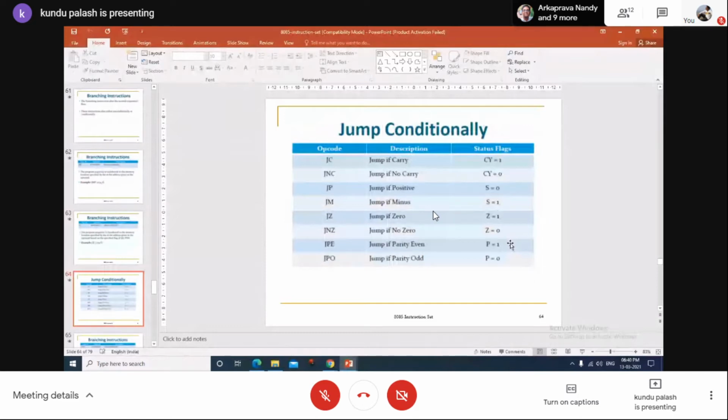Otherwise, if we write jump 3024, the CPU will only jump, but it will not return until and unless it encounters the return instruction. So there is a difference between the jump and the call. Call is used for subroutine programming purpose.